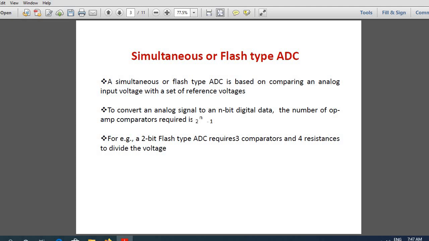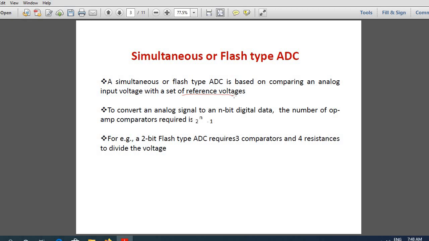First let us see what is flash or simultaneous ADC. Flash or simultaneous means instantaneous, or very fast, okay? What a flash or simultaneous ADC does is that the analog signal which is to be converted is compared with a set of reference voltages.